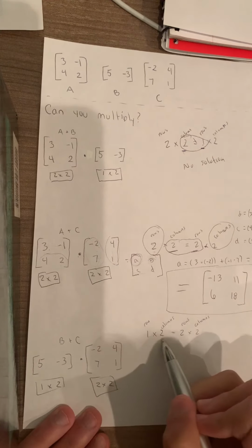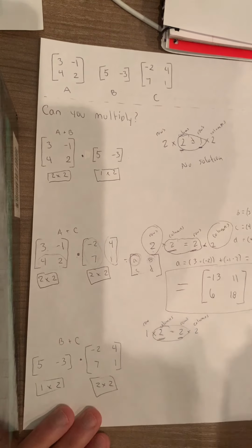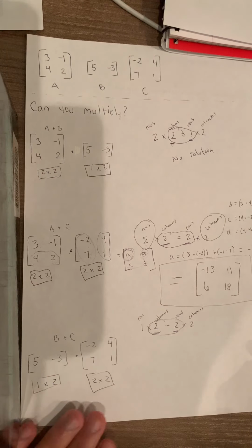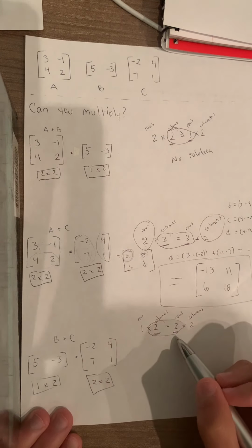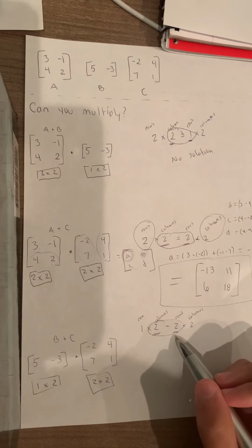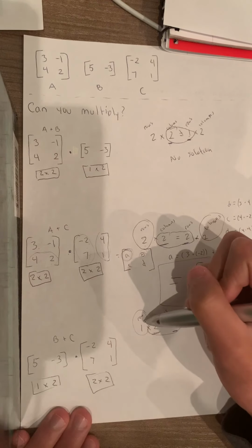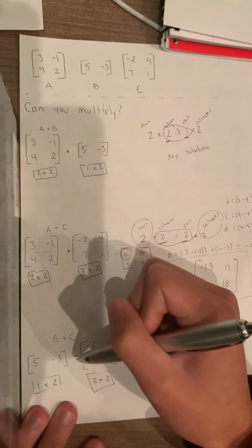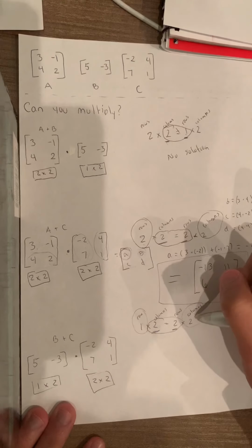Here, the first thing we want to look at is these two numbers, and they are equal to each other. So that means we will have a solution for these matrices. Now, what is the dimensions for that matrix? Well, you look at these numbers now. The rows in the first matrix, you have 1 row, and the columns in the second matrix, 2 columns.